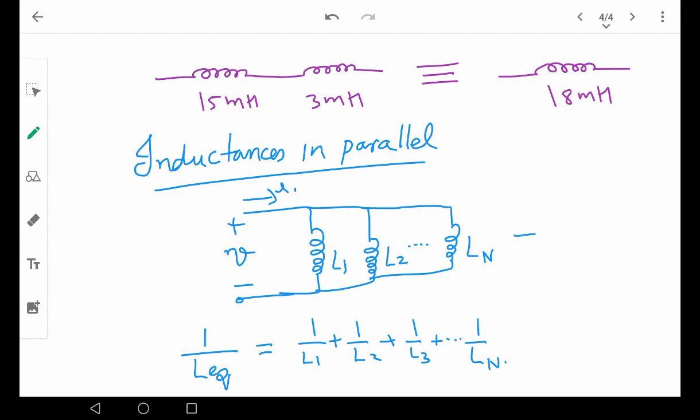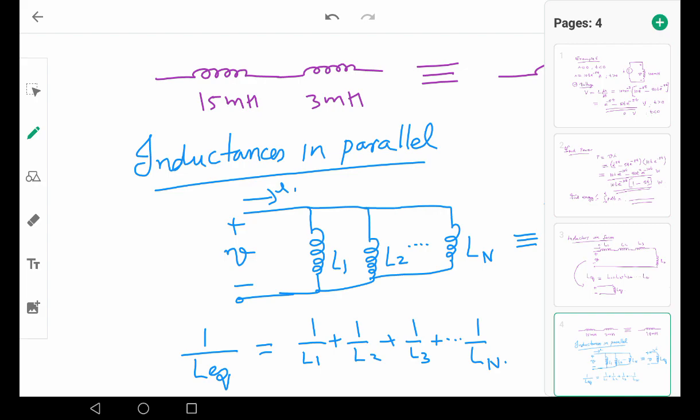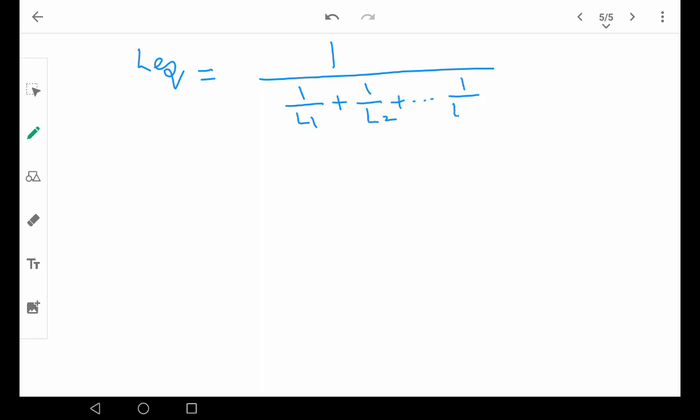So this is equal to the same. We have an equivalent with plus or minus V and the current I going in here like this. Both are the same. So you can write L equivalent equals 1 by L1 plus 1 by L2, like that, plus 1 by Ln.